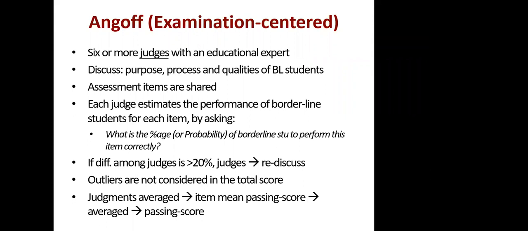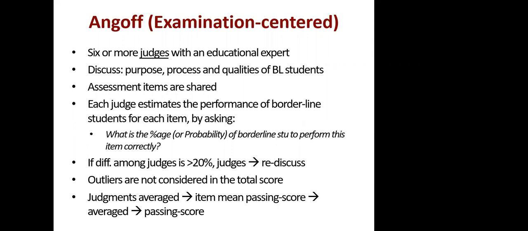And the judges, in a very confidential way, in a closed room, are also allowed to name any students to clarify and make sure that their understanding is very clear. They can name any student from the recent past, that this is the kind of student who is a real borderline student. He or she could do or knew this kind of knowledge, did not know or could not perform that kind of skills, and that facilitates understanding of the performance of a borderline student.